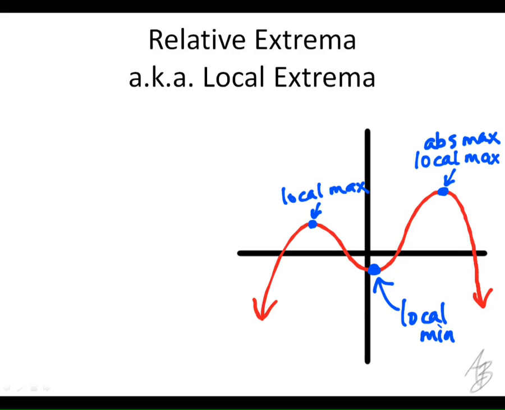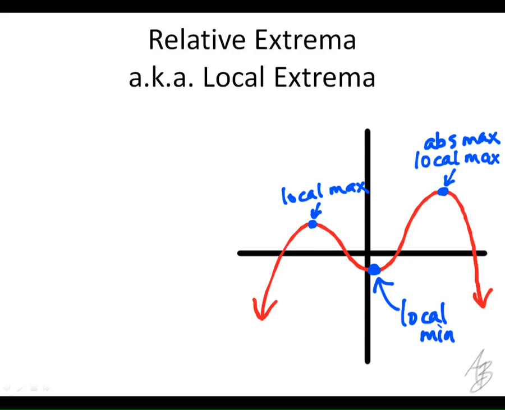But what makes this a local maximum even though it's not the absolute or the global maximum? It has the highest value of points around it. Yes, that's exactly right. That's very well put. It has the highest value of all of the points around it.